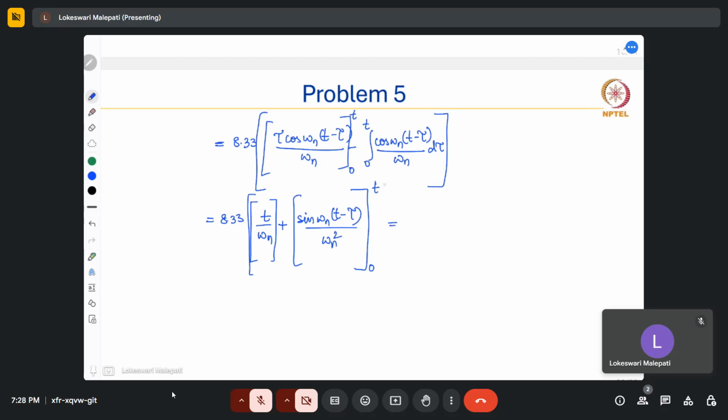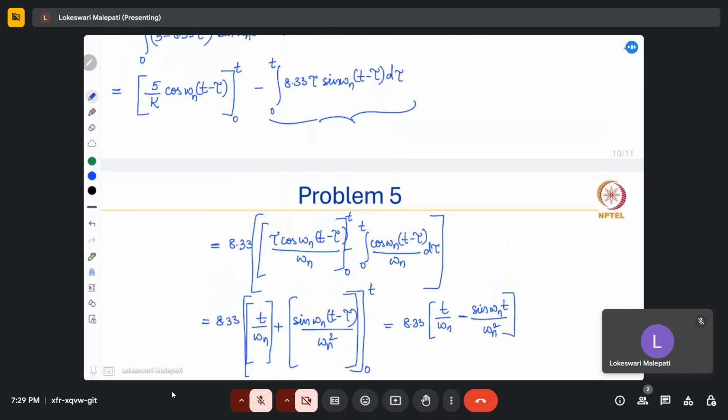So this would be totally 8.33 times t by omega n plus sine omega n t by omega n square. So this is the lower limit, so we have minus here.